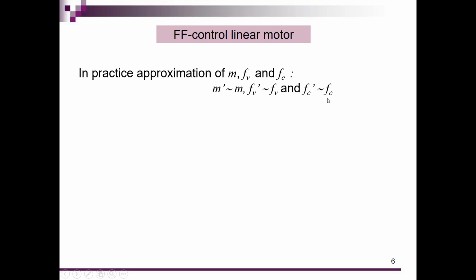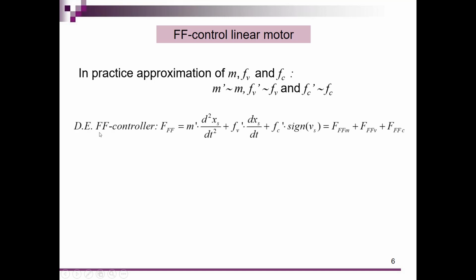And of course, keep in mind that when my real life system starts to move and is in operation, then these values might slightly change. And when you make a lot of systems and you have only one feed forward in software, then of course also there could be tolerances on my mass.